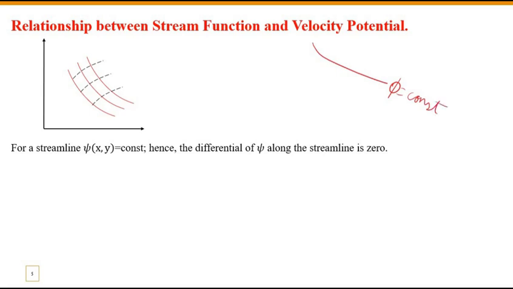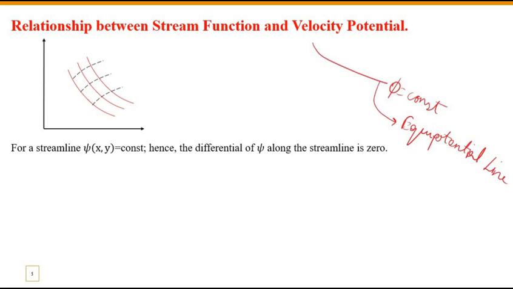This phi is our velocity potential and this line is an isoline. Because we say phi is equal to constant, let us name this line as an equipotential line, because it is saying that my velocity potential is constant along this line. So I call this an equipotential line.